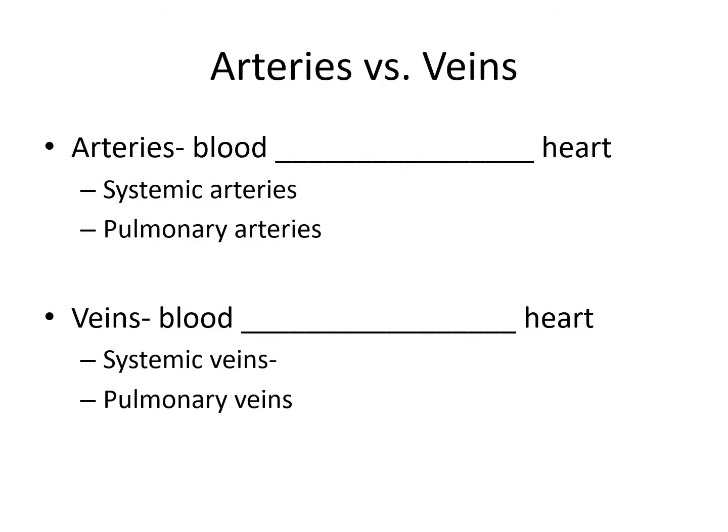So specifically, arteries versus veins. People mess up on this a lot, so let's be careful. Arteries are carrying blood away from the heart. Okay. Got nothing to do with what kind of blood is in there.